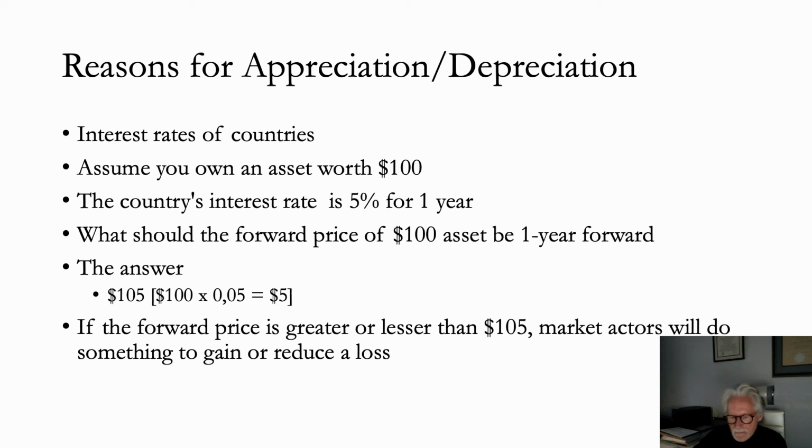Again, as I said, if you're not a speculator, it's to manage your cash streams. So the reasons for exchange rate fluctuations are the relative interest rates of the countries of the issuing currencies. And this is what I'm going to talk about in the next presentation. I'm not going to do it now because I did not treat it with sufficient depth, and I want to treat it independently from this overview of forward contracts.